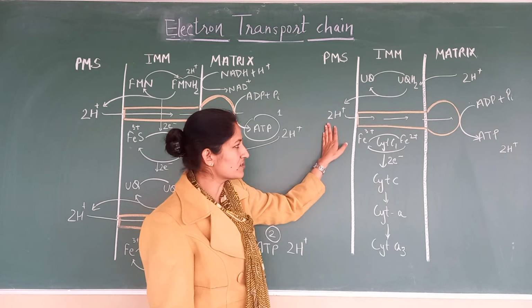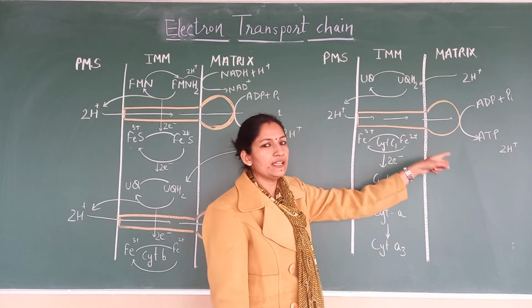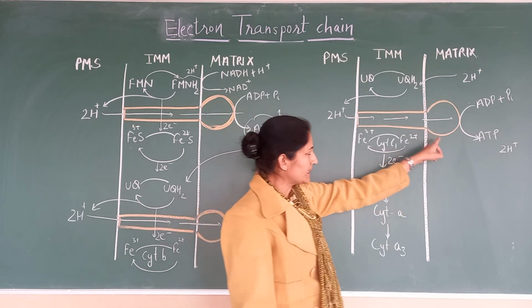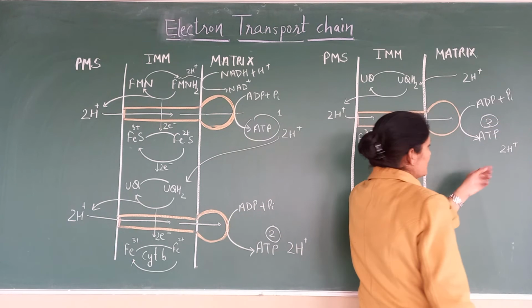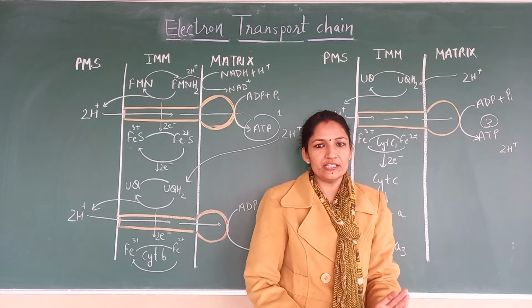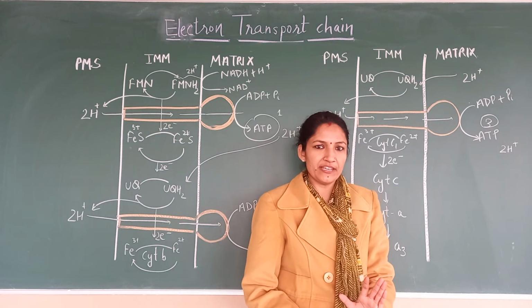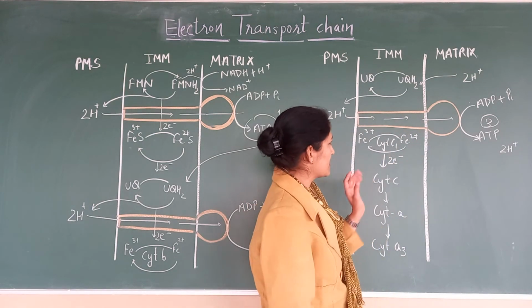Again, from higher concentration to lower concentration, the movement will take place. Release of energy will occur. That energy is used to make the third molecule of ATP. Now these protons, they lost their complete energy. They don't have energy. Fine. No more ATP will be synthesized now. So 3 ATPs are synthesized.